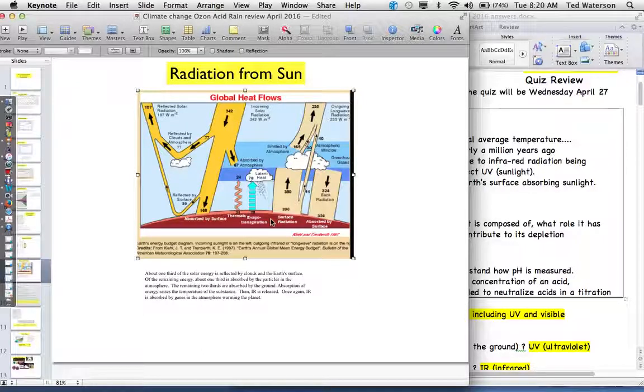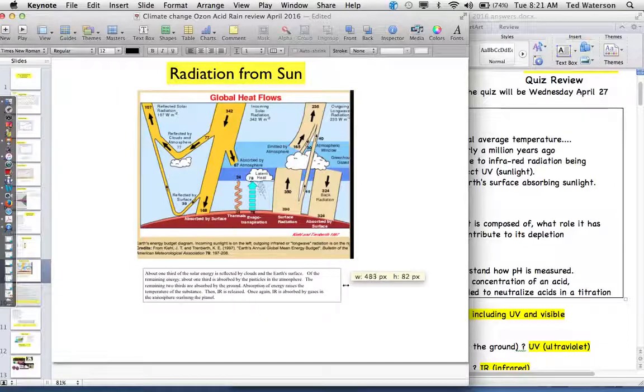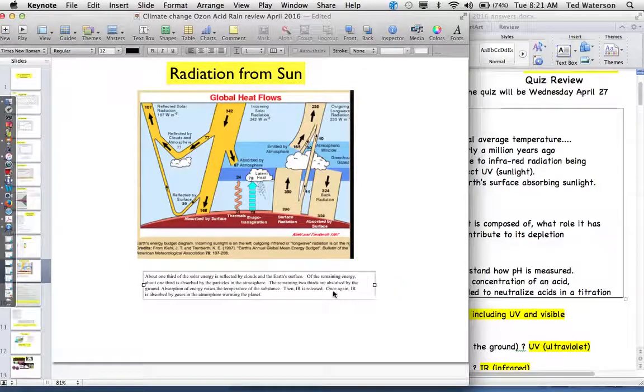But when this radiation does reach the surface, whether it's the plants, the soil, the concrete, the rocks, whatever it is, after it's absorbed, the infrared is what's released. And it's that infrared that's reflected by the surface, that's infrared radiation.